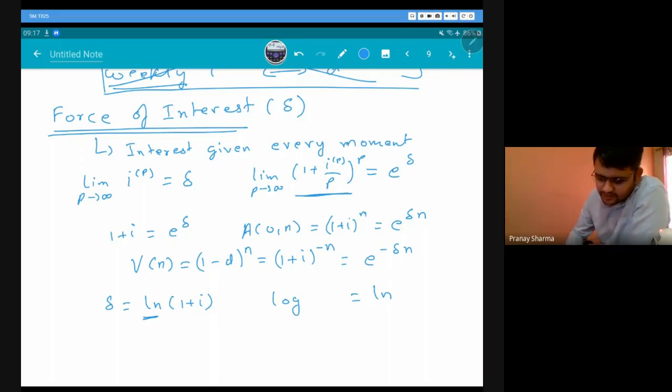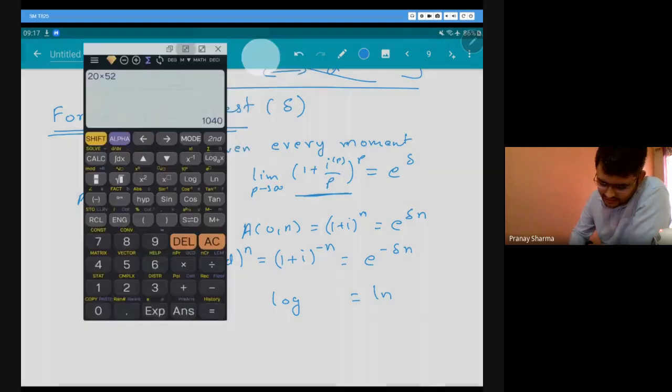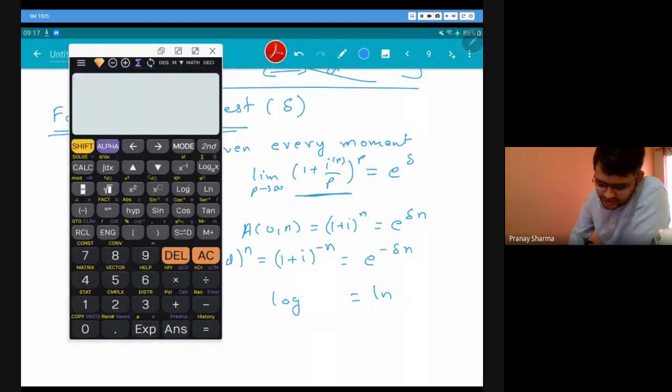That is mainly because our calculator has two different logs. Here log is nothing but log to the base 10, and ln is nothing but log to the base e. At the beginning, what used to happen is I used to press log, that is log to the base 10, because I used to write log.